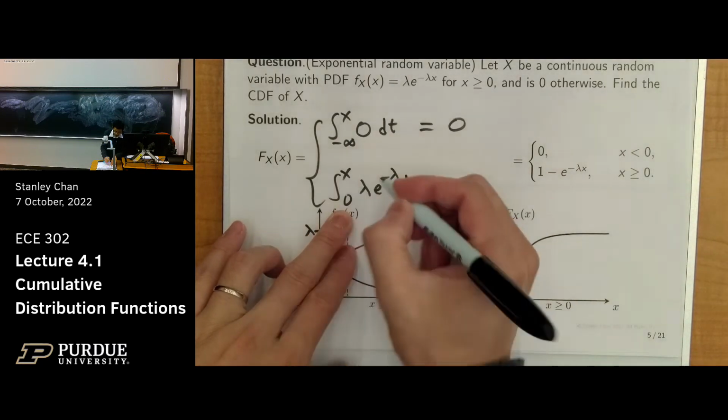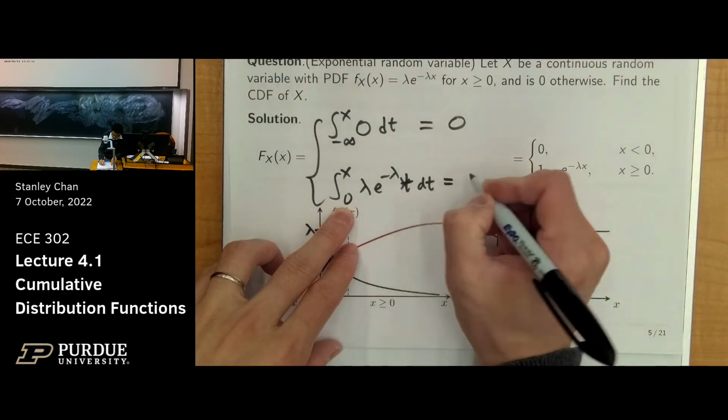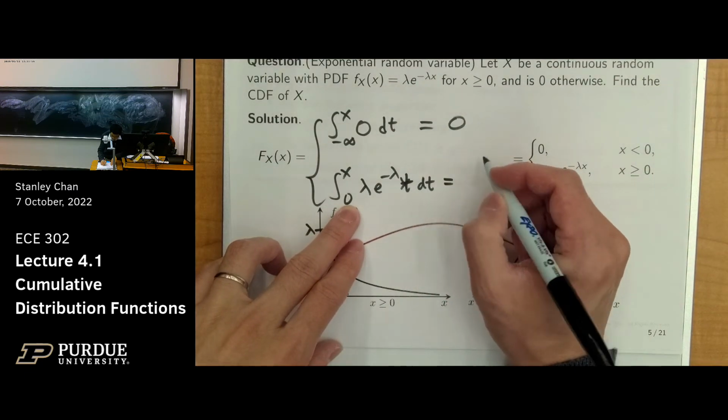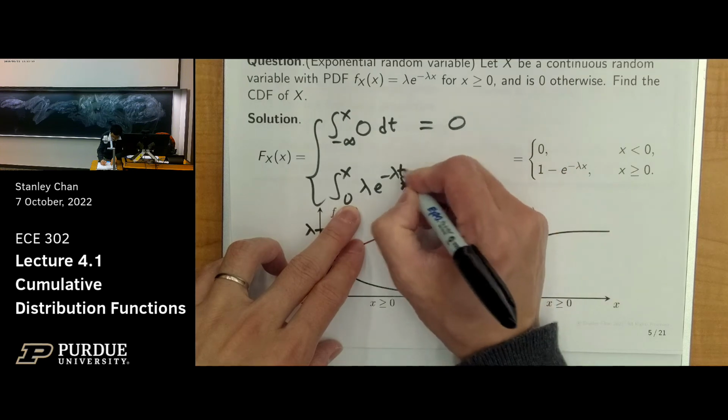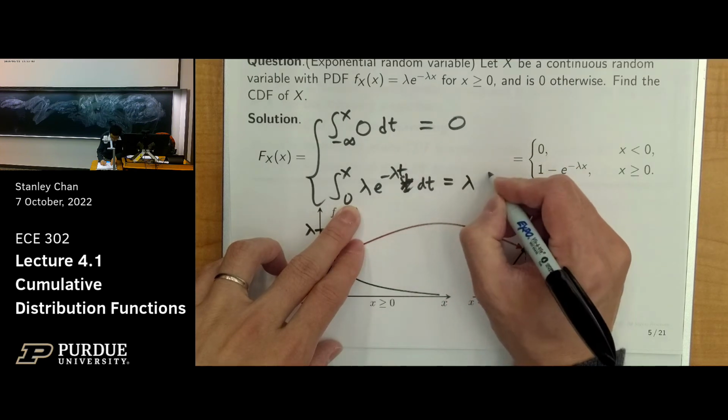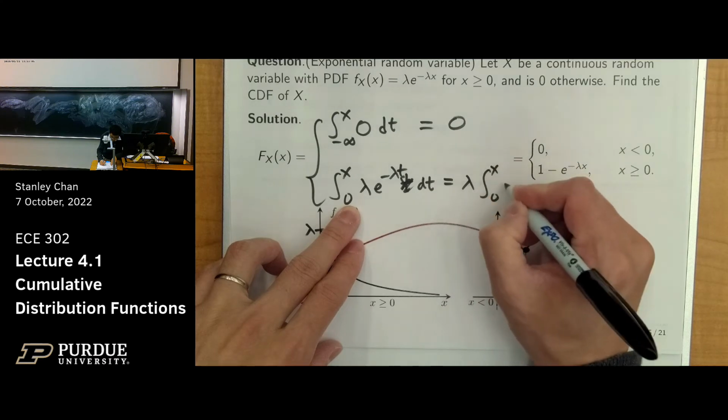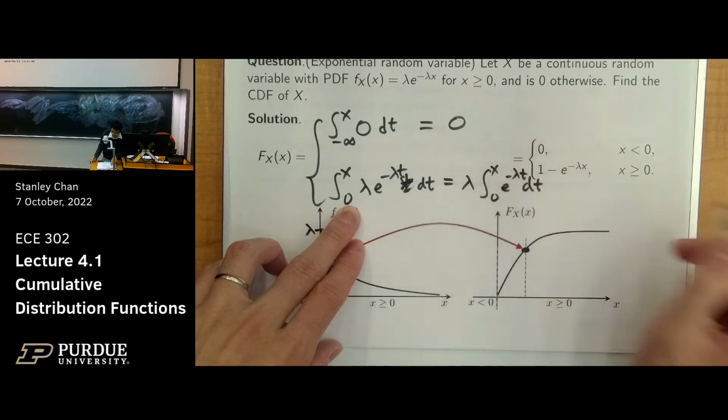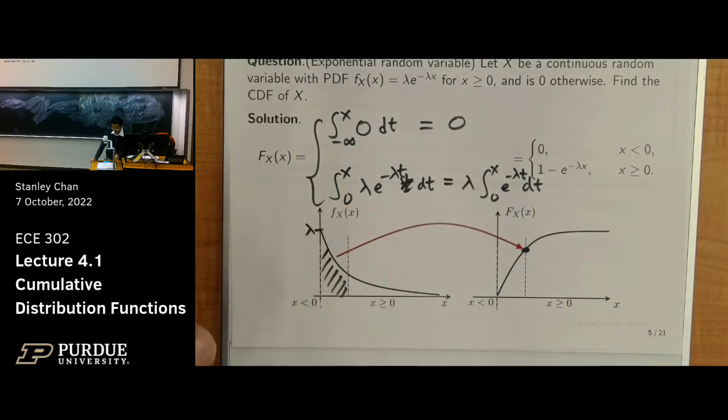Now, how do we calculate this integration? This integration is not too terrible. So it is lambda times the integration from 0 to x of e to the minus lambda t dt. So how do we do that? Substitution, right? Okay, let's do it. I need help.